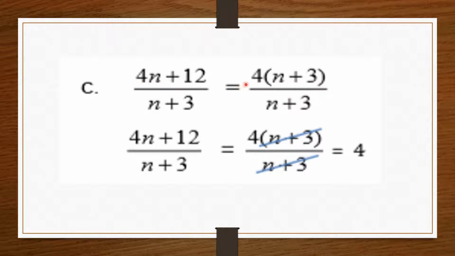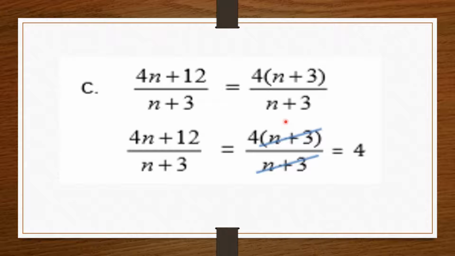4n divided by 4 to get the remaining factor here, n, plus, okay, the plus there, and then 12 divided by 4 to get our factor here, which is 3. All right, n plus 3, you simply write that for our denominator. We cannot factor that anymore.